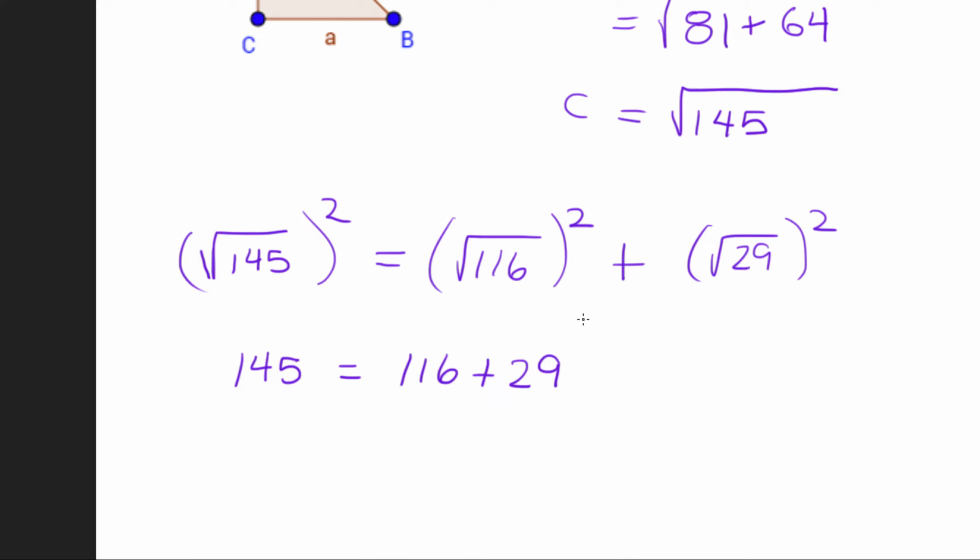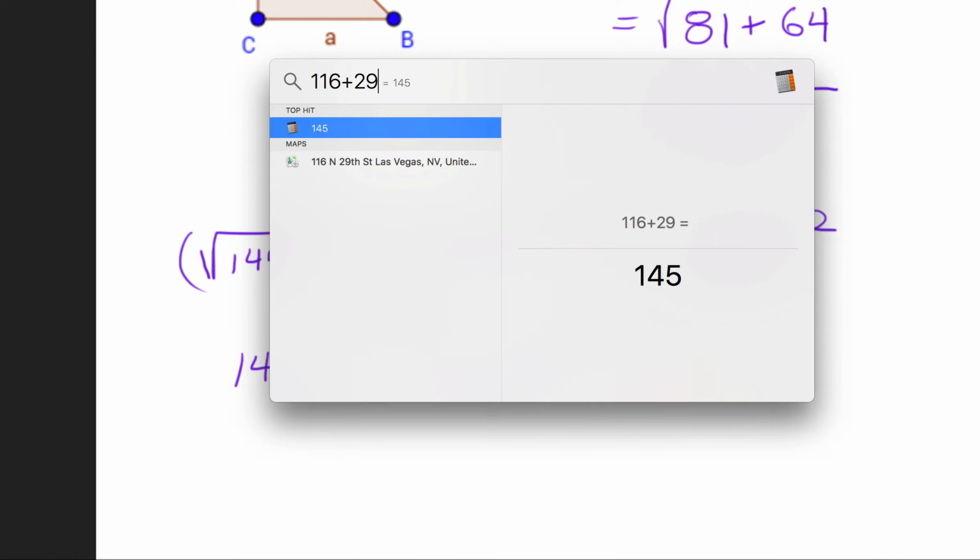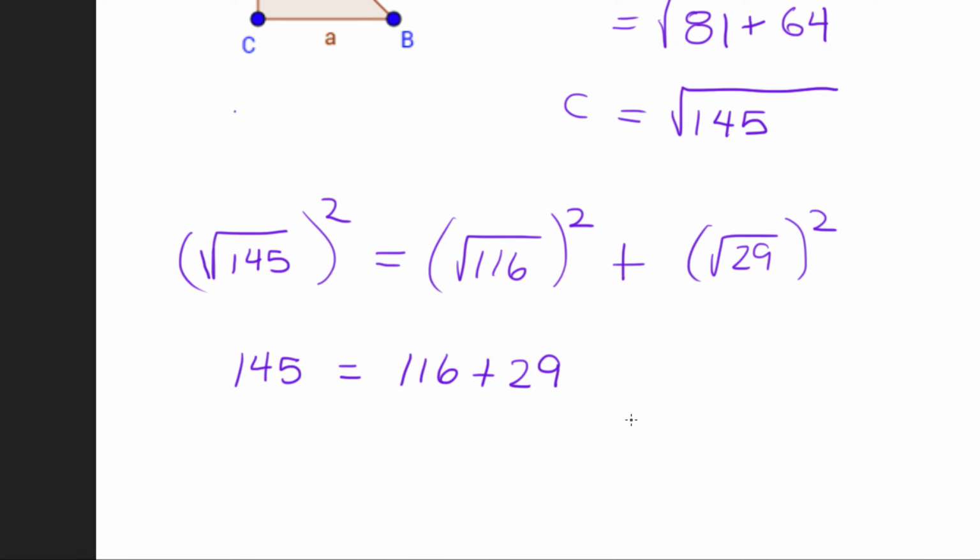Now, 116 plus 29, how much is that? Well, let's ask. 116 plus 29 is 145. So 145 equals 145. Okay, that means by the converse of the Pythagorean theorem that this is indeed a right triangle. Okay, because it satisfies the equation.